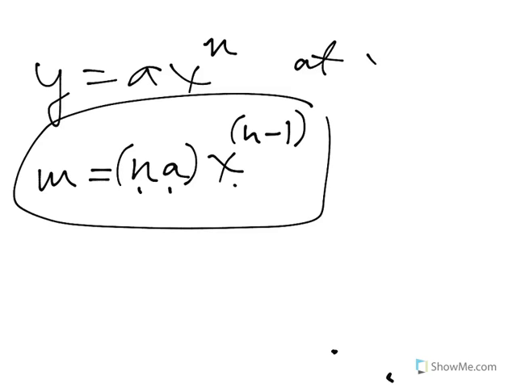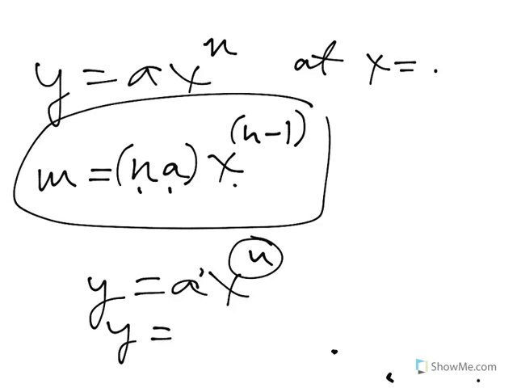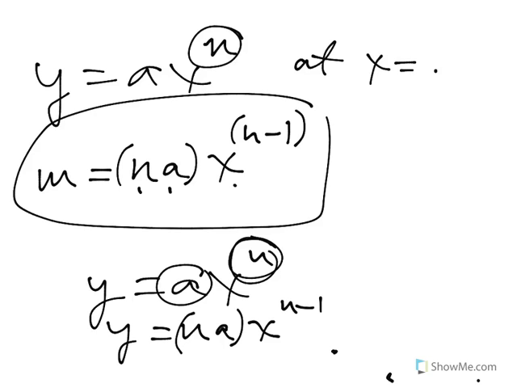They would always say at x equals something. So that's the way you find the slope of a curve that's of the form ax to the n. You multiply the exponent times the coefficient, you lower the exponent by 1, and then you plug in the value for n, which is given to you, a is given to you, and then they also tell you what x is.